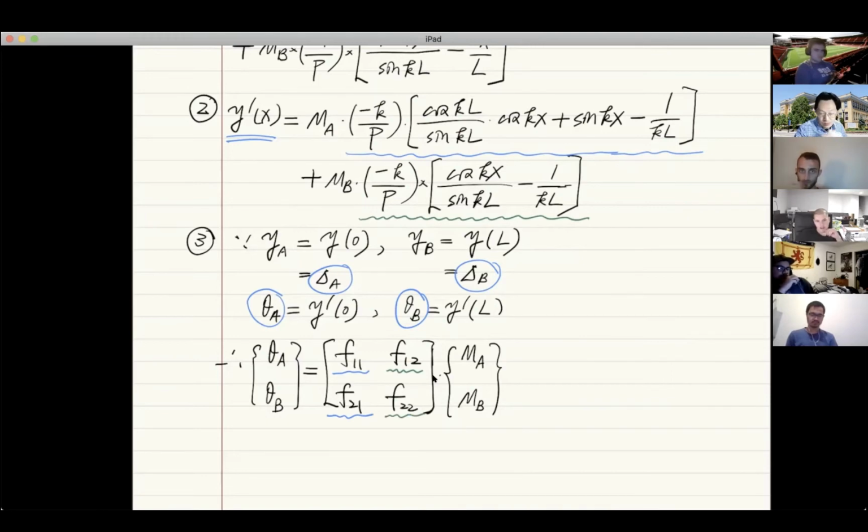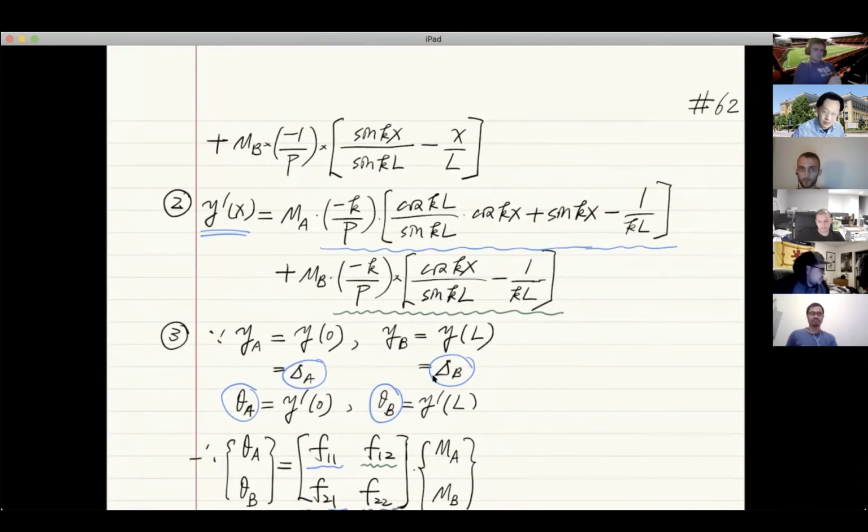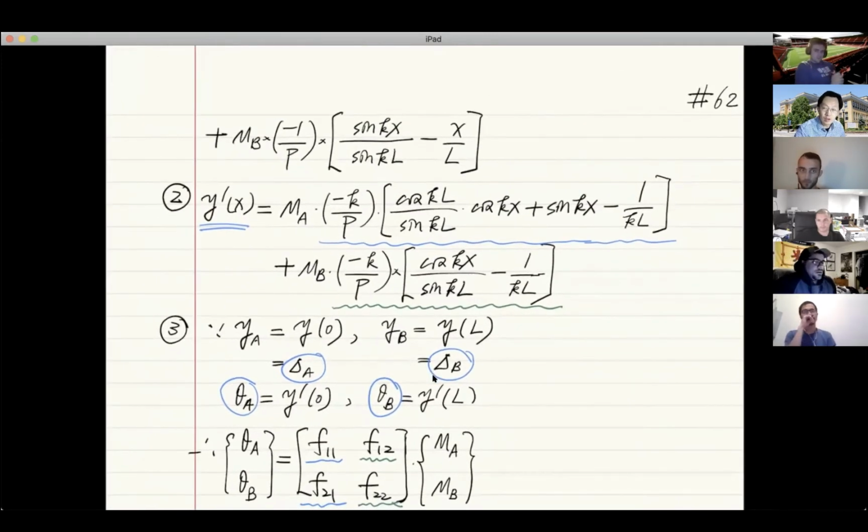So without the burden of plugging all these values and expanding everything, I just explained to you how we're going to get these coefficients F11, F12, F21, F22, because you can easily get them. You already have the expression of y prime of x, right?